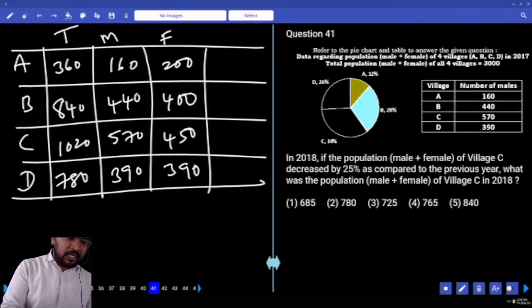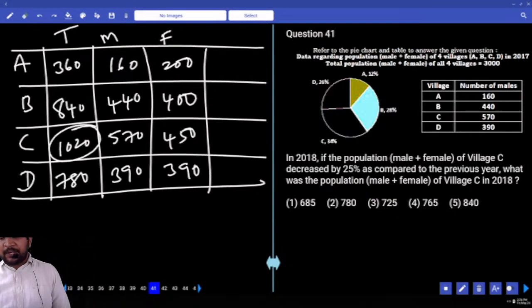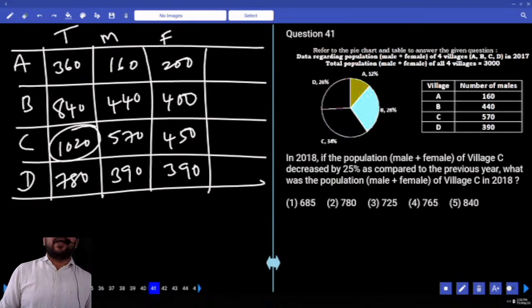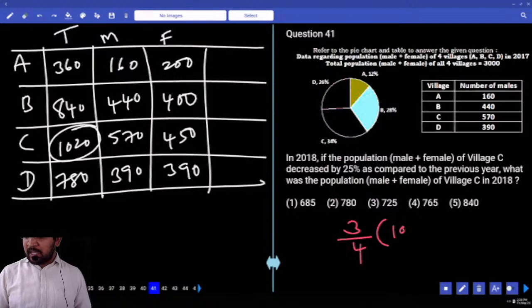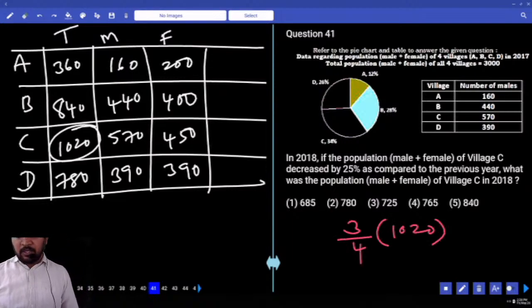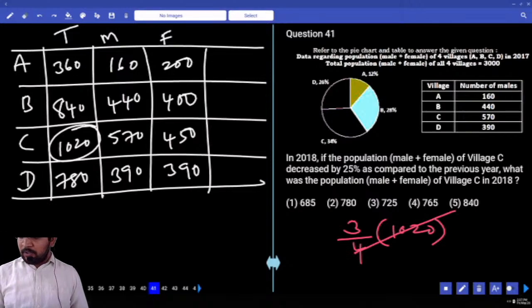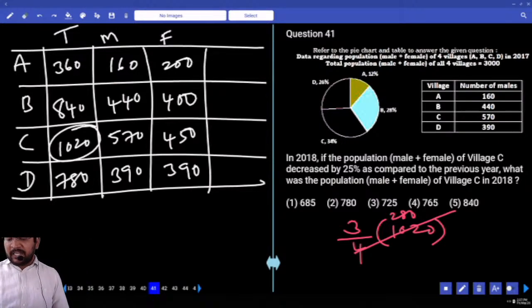So first of all, the 2018 total population. 25% reduced is nothing but 1/4 reduced, so remaining will be 3/4 of 1020.